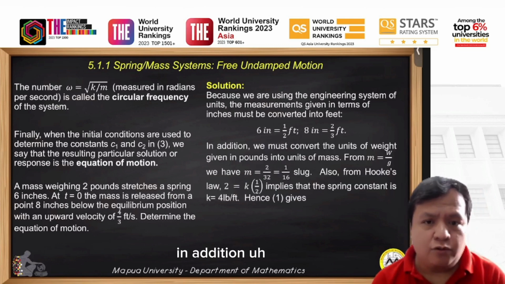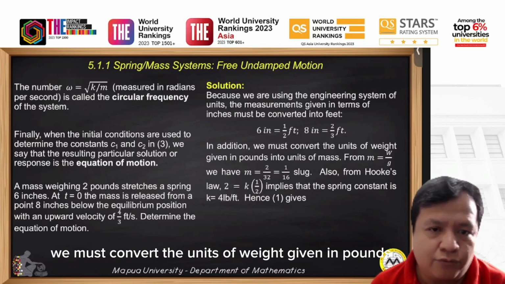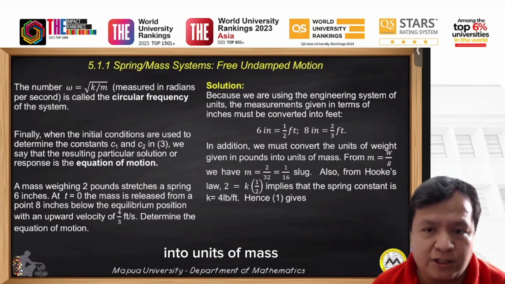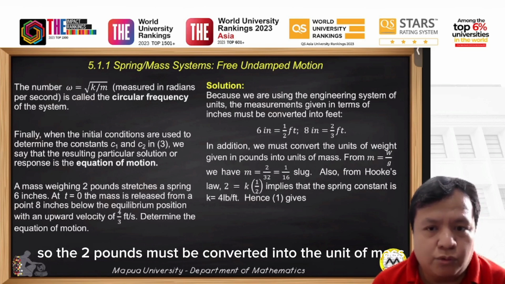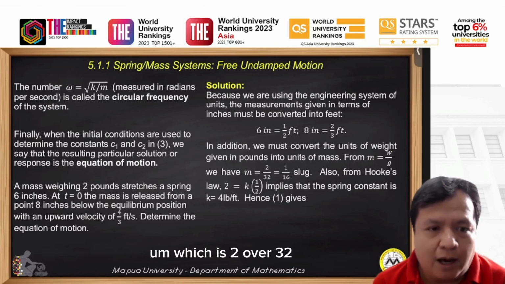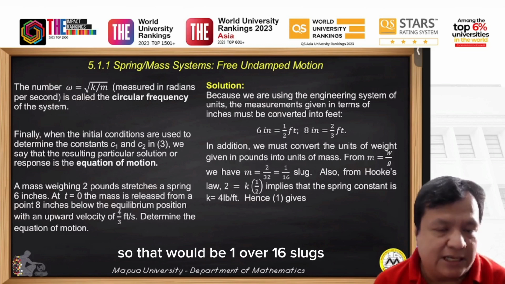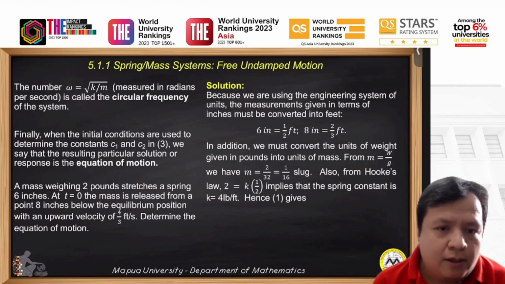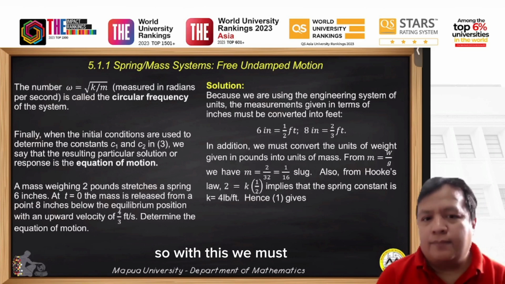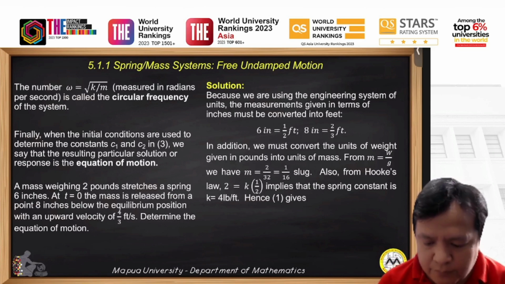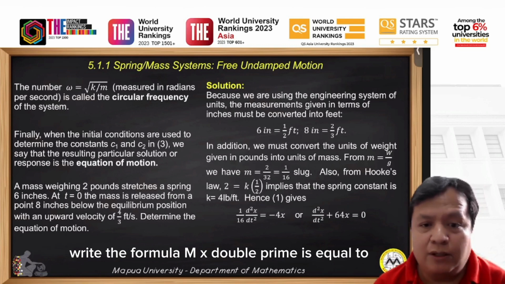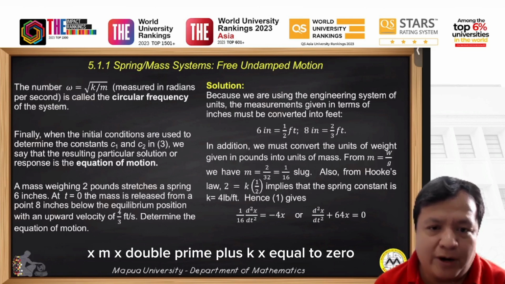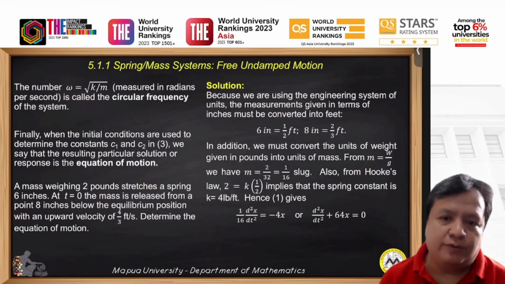In addition, we must convert the units of weight given in pounds into units of mass. So the 2 pounds must be converted into the unit of mass, which is 2/32, so that would be 1/16 slugs. With this, we write the formula mx double prime plus kx equal to 0.